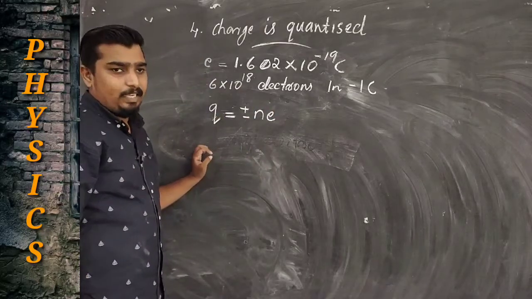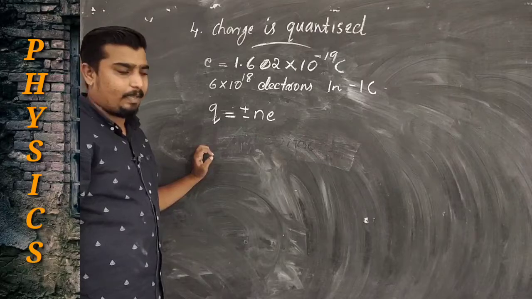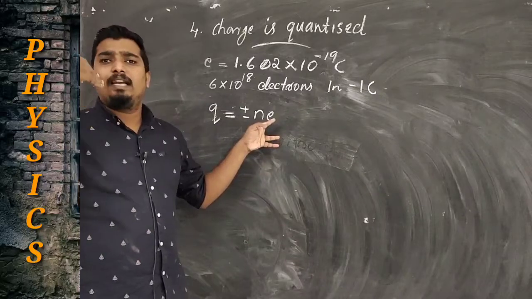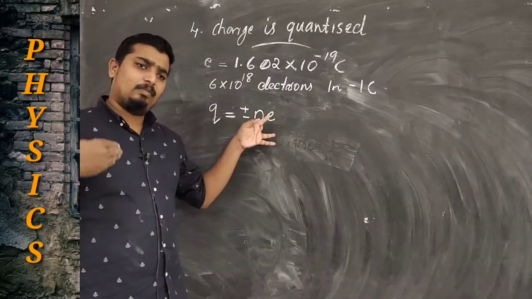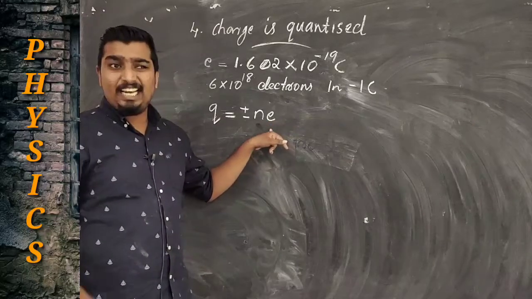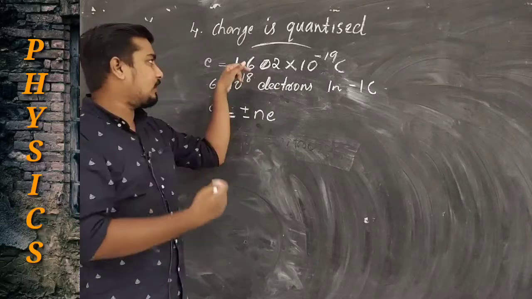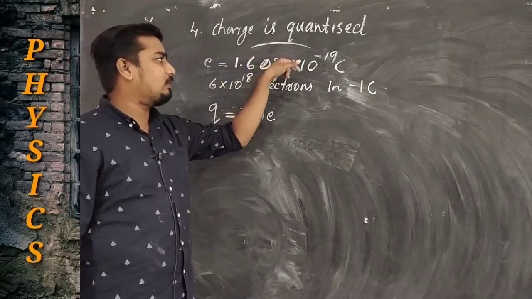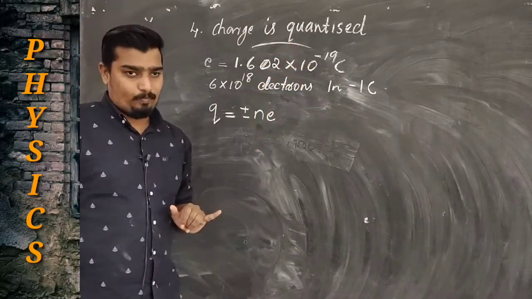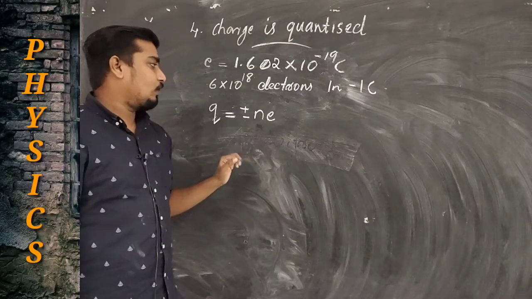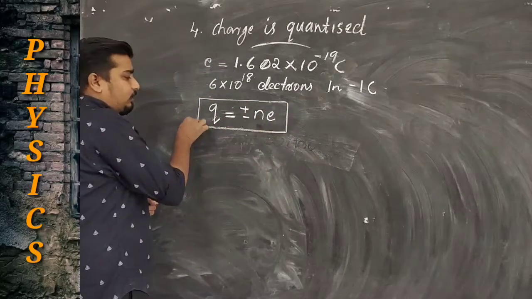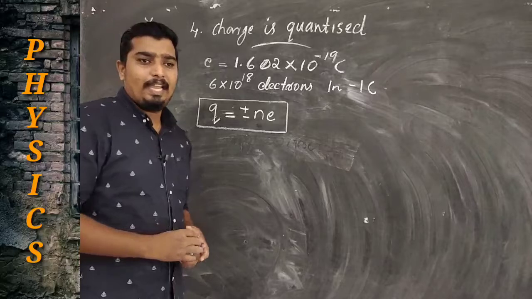Here N is the number of electrons, an integer: 1, 2, 3, etc. And e is the electronic charge, 1.602 into 10 raised to minus 19 coulomb. This is the equation for charge: Q equals Ne.